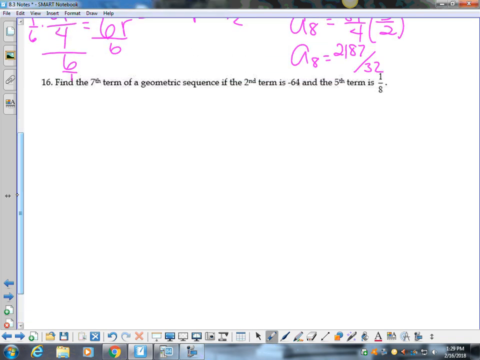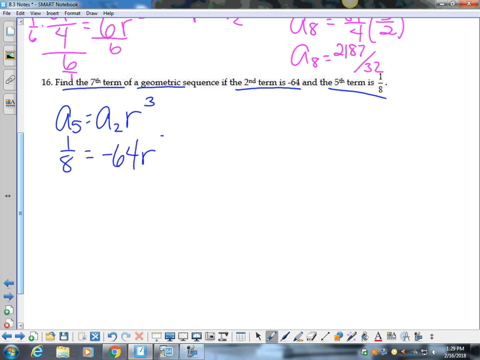Okay, so we should now be getting the hang of this. I want the 7th term. I'm geometric. I gave you number 2 and number 5. So the 5th term is the 2nd term with 3 r's. The 5th term is 1/8. The 2nd term is negative 64. Divide by negative 64.